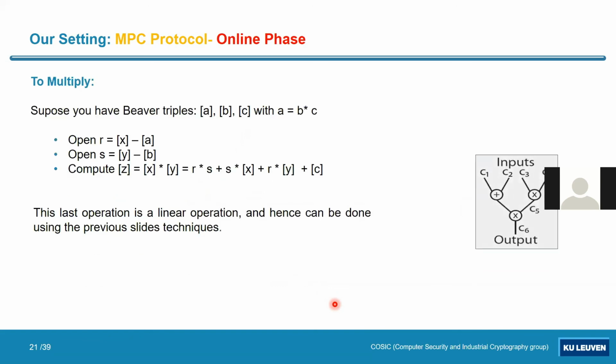But for multiplication, we need communication, and we are using these Beaver triples that were generated in the offline phase.